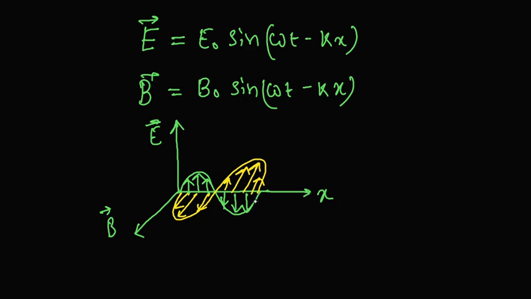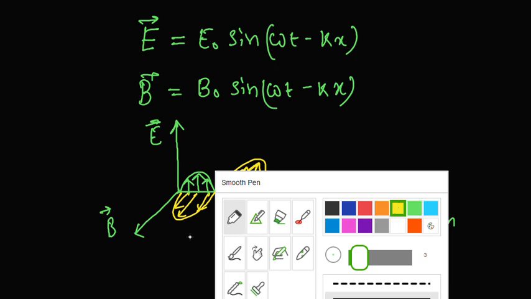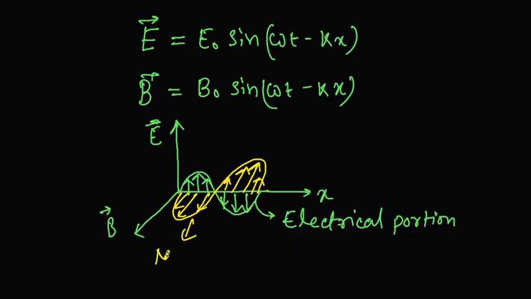This is the electrical portion, and this is the magnetic portion. By superposition they create a new wave perpendicular to both of these, which is traveling along the x axis.